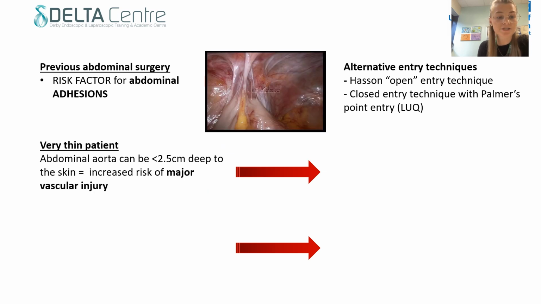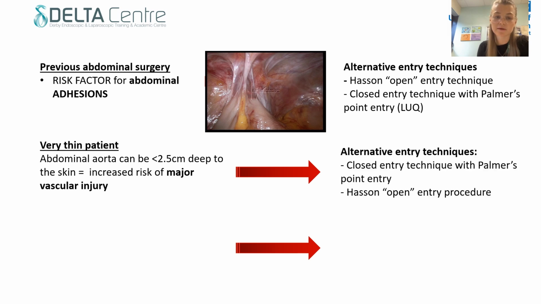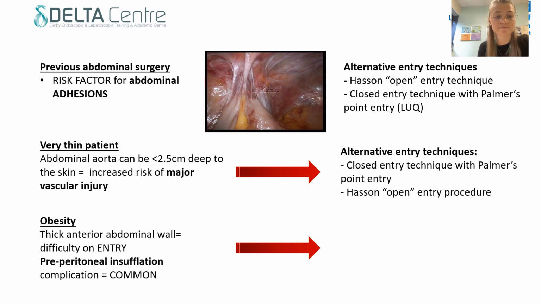In a very thin patient, the abdominal aorta can be less than 2.5 centimetres deep to the skin, so this is a really major risk of potential vascular injury. So to try and counteract this risk, alternative entry techniques can be used as well. So we can use the closed entry technique with the Palmer's point entry and also the Hasson open entry procedure.